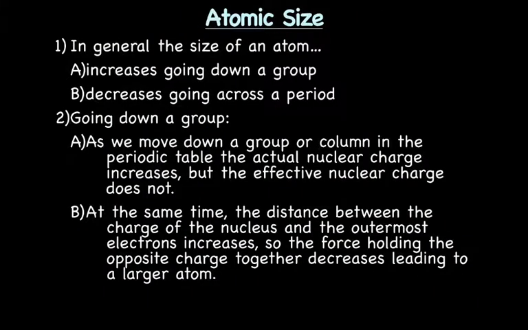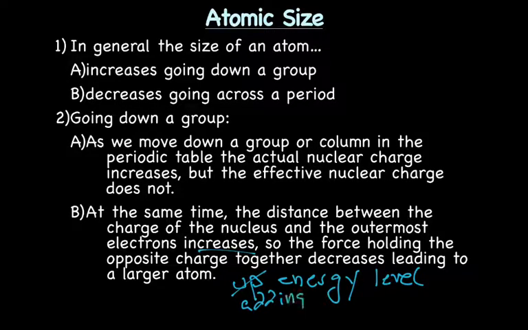So at the same time, the distance between the charge of the nucleus and the outermost electrons increases. Again, why does it increase? Because we're going up in energy level. Or maybe a better way to say that is we're adding an energy level.